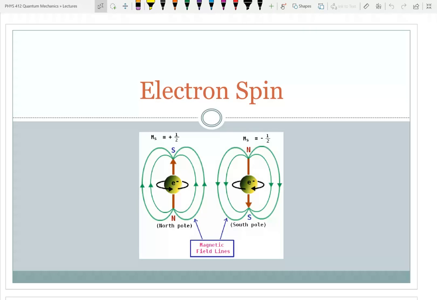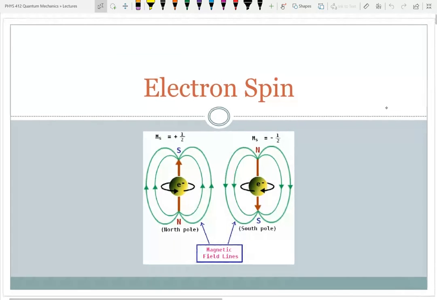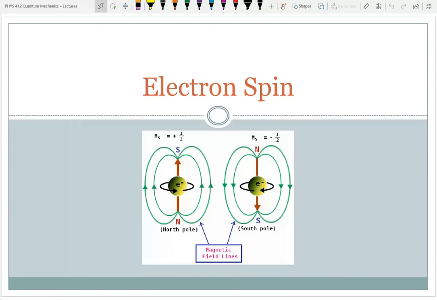Today we're going to talk about the electron spin. I've talked some about spin, right? So what do you know at this point about spin? Orientation. It's quantized. It determines the orientation, whether it's positive or negative.